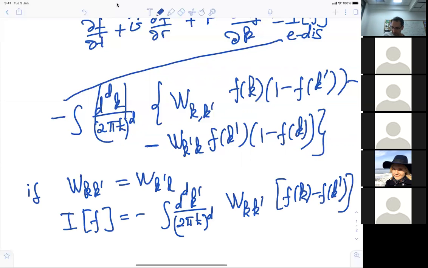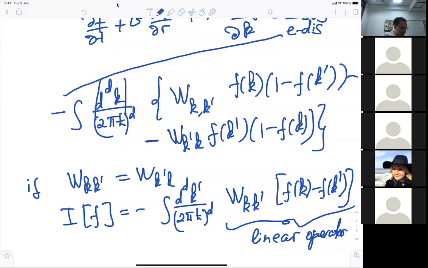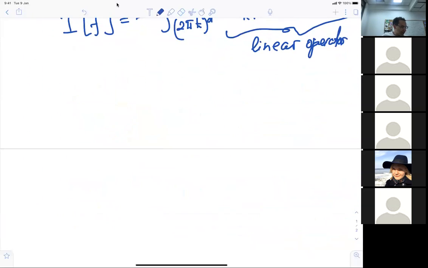And this is a linear integral operator. Okay, and we played with it for a little bit, and we found the Drude formula in the static regime and in the absence of magnetic field.